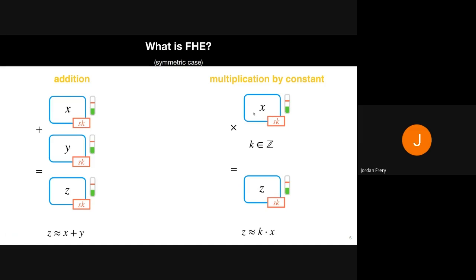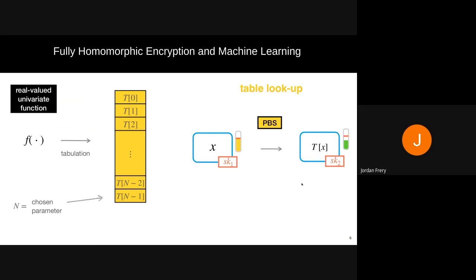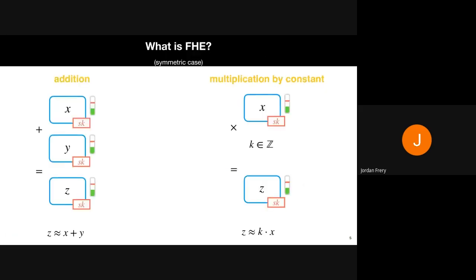If you multiply a ciphertext with a constant, the noise remains kind of stable. What I mean is that once the noise reaches this red level here, the noise is overwriting the actual data that's been stored in the ciphertext.